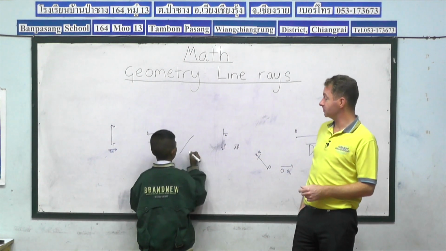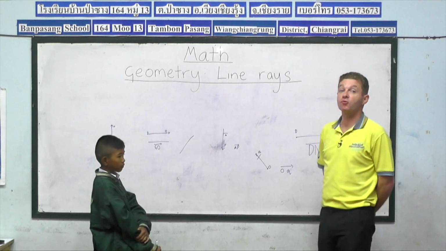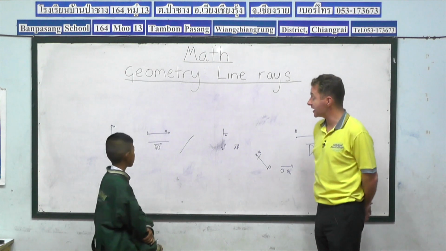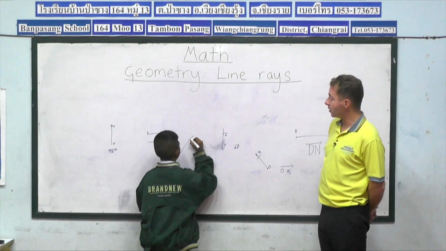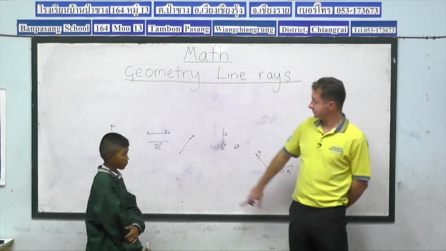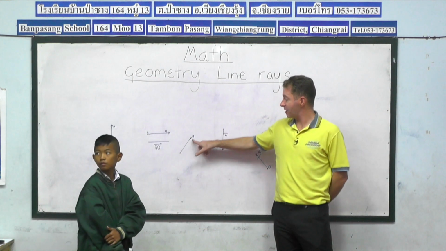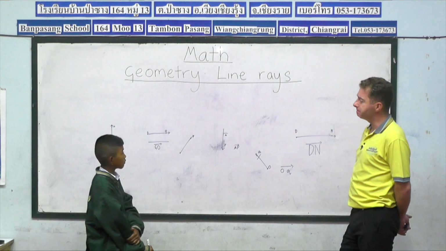So diagonal, perfect. And now Pat will demonstrate how to draw a line ray on his diagonal line. So we need the end point and the arrow at the other end. Perfect, Pat. So now we need some references for our points. What will you call your points this time?